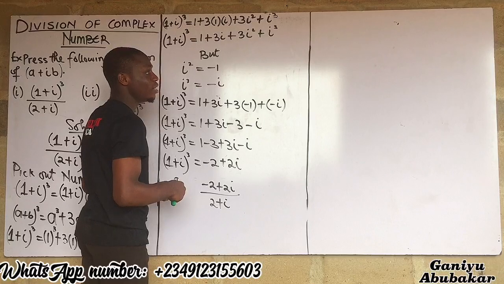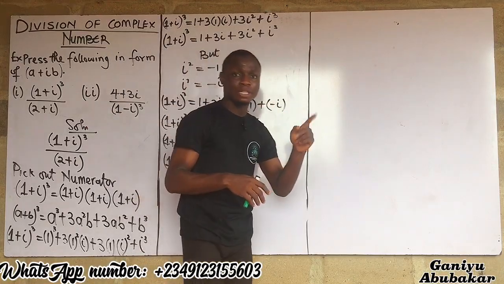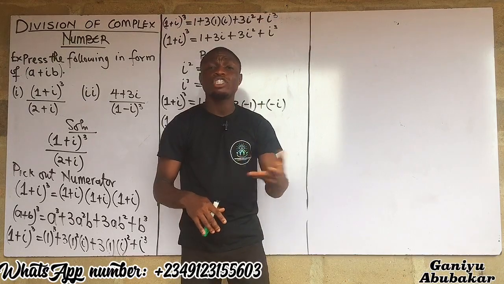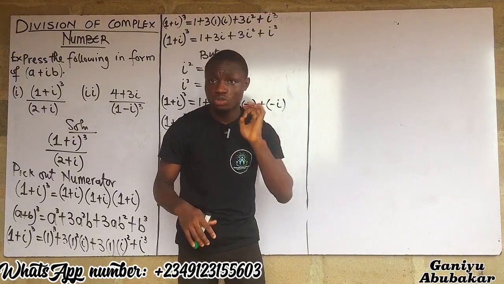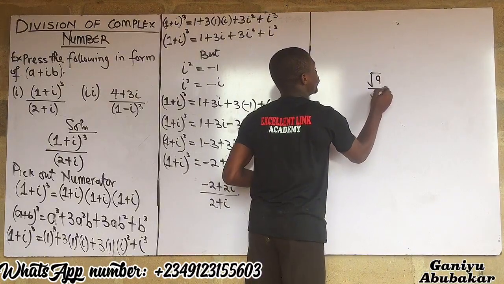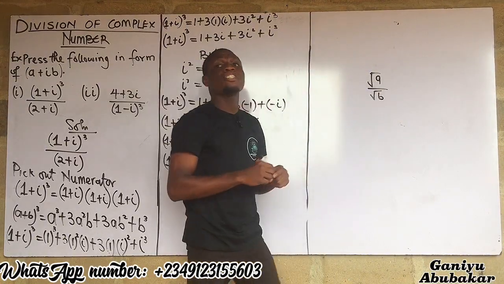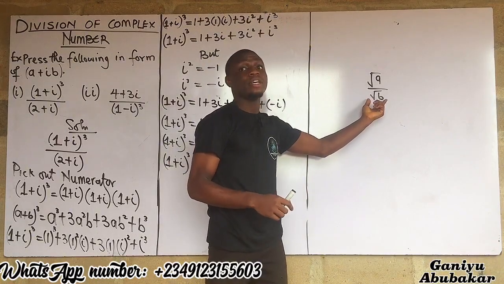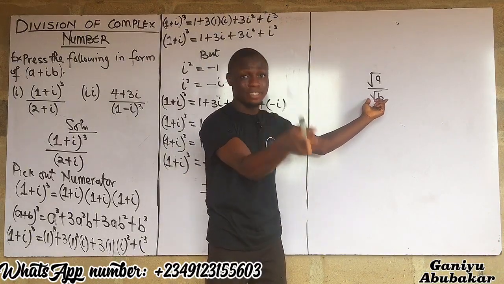How do you divide it? In mathematics, it's not proper for your denominator to be a square root. What do I mean? If I have root A over root B, it's not proper for the denominator to be a root per se. So what do you do in that case? You rationalize.